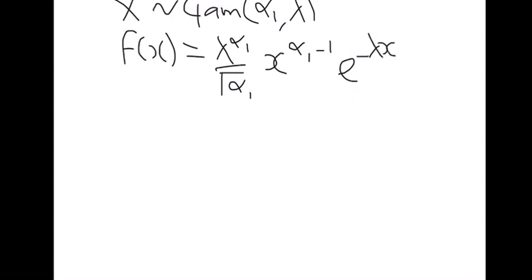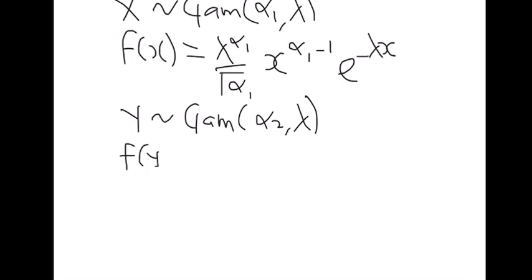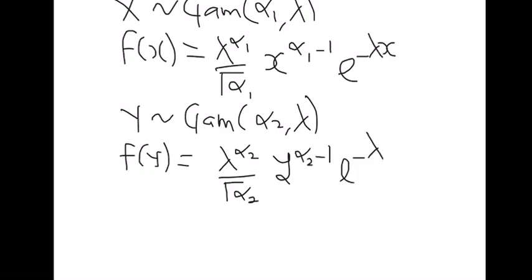We're also told y follows gamma with parameters alpha 2, lambda, so you write that f of y equals lambda raised to power alpha 2, over gamma alpha 2, y raised to power alpha 2 minus 1, exponential raised to power minus lambda y. Do you see that now? You need to first write this out.